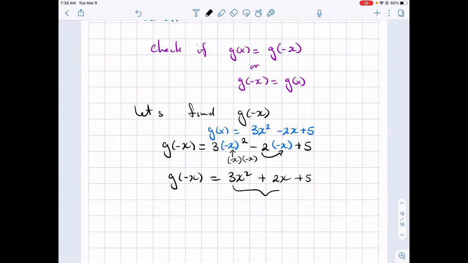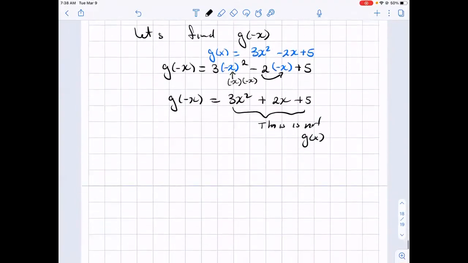And notice that this is not g of x. Notice here there is a plus sign, and here that was minus. So g of minus x does not equal g of x.